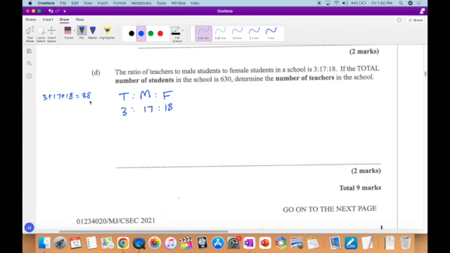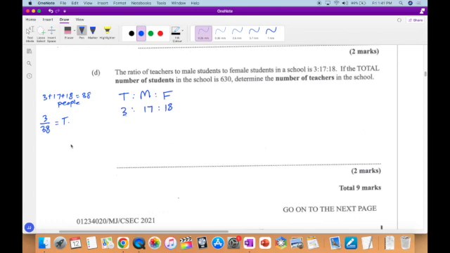This is not the number of students. This is the number of people, which is teachers and students. So the number of people in the school is 38, right? So therefore 3 out of 38 people are teachers.